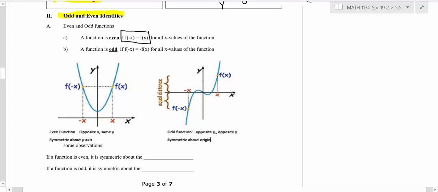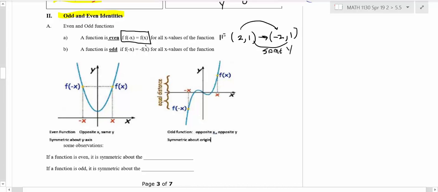What that means is this: if you had a point, say 2, 1, on an even function, then if you changed the x, y wouldn't change. So think of an even function as when x is opposite, y doesn't change.